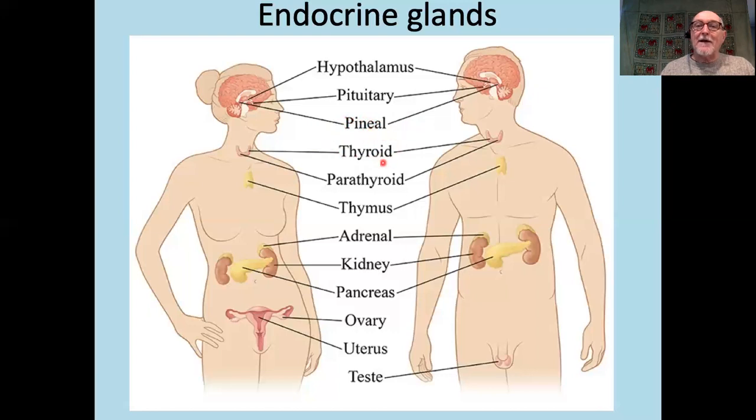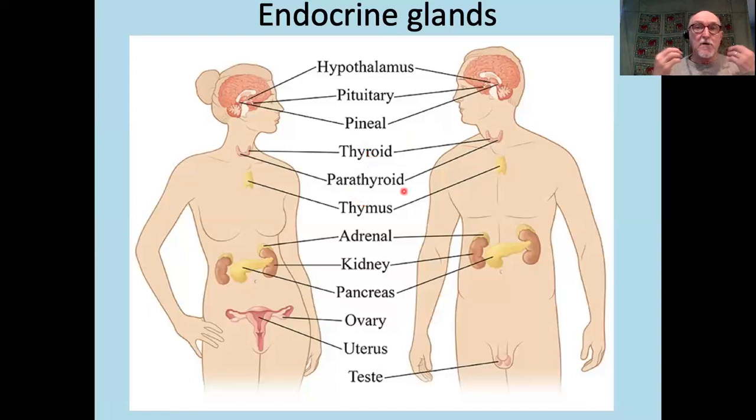The thyroid gland here, if you feel your Adam's apple, lies just underneath. You won't be able to feel the thyroid, but it lies just underneath there. And the thyroid's major concern is regulation of metabolism.